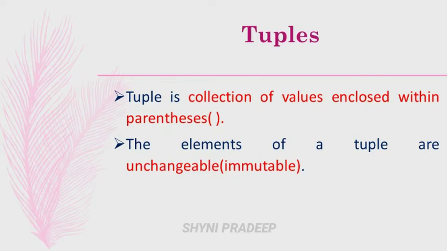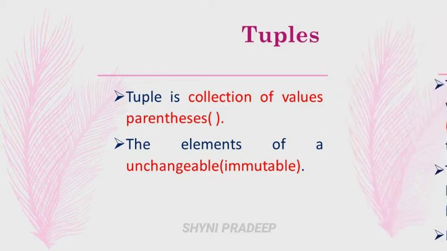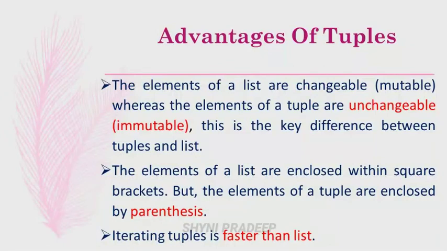So what is the difference between tuple and list? A collection of values enclosed within square brackets is called a list, but a collection of values enclosed within parentheses is called a tuple. Next, let us see the advantages of tuples. First, the elements of a list are changeable, whereas the elements of a tuple are unchangeable.